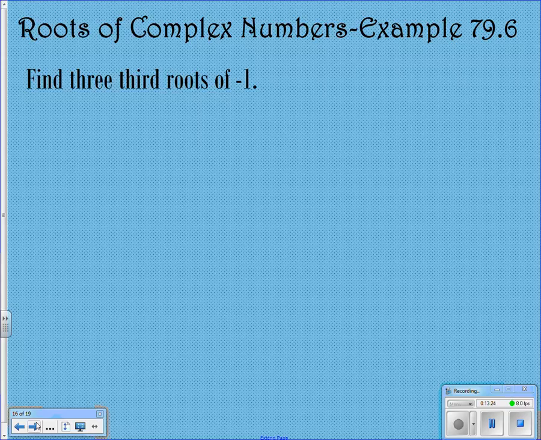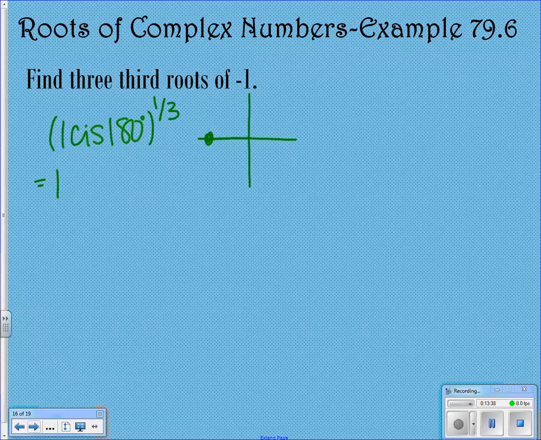So we're going to start by graphing it. -1 gets graphed over here. And so that's going to be 1 CIS 180 to the 1/3, because we're looking for the third roots. So we're going to say 1 to the 1/3, CIS 1/3 times 180. And when we simplify that, 1 CIS 60 degrees.